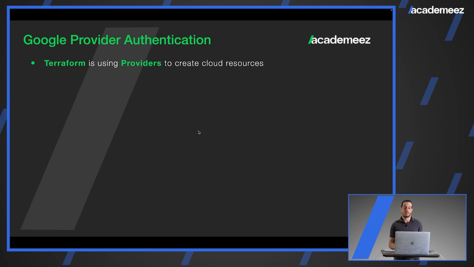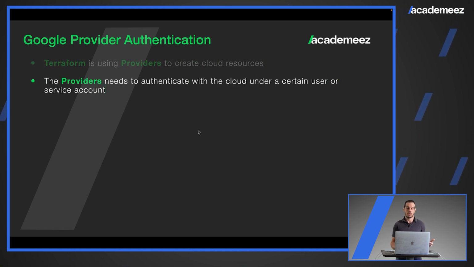So Terraform is using a provider to create cloud resources, as we talked about, and each provider has different instructions regarding how that provider is authenticating with its cloud. So the Google provider might authenticate in a certain way, AWS provider needs to authenticate in another way.